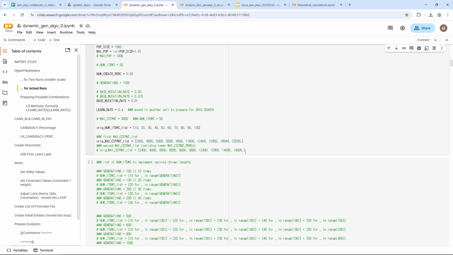The reason for this is that in my past videos I have found that interesting things start to happen around a maximum constraint percentage of 65 or 70, or otherwise just 60 to 75%. So the second list does that.